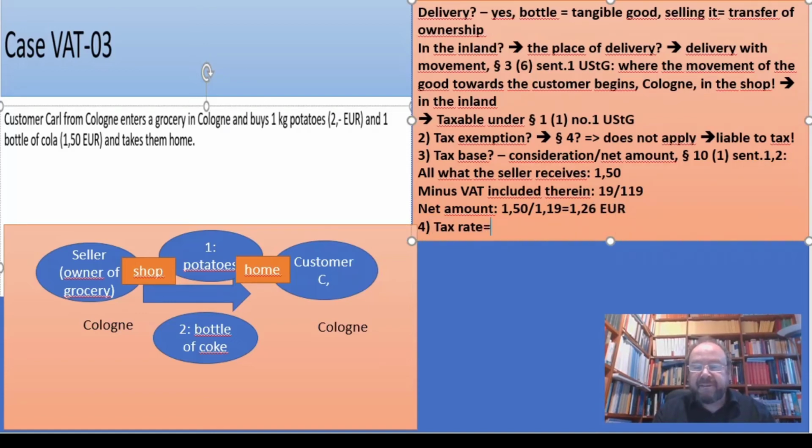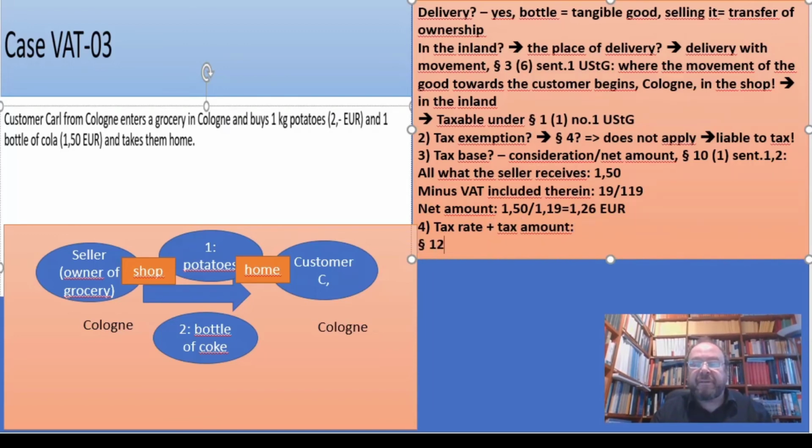The tax rate and tax amount, well, paragraph 12.1, it's 19% because paragraph 12.2 does not apply. Paragraph 12.2 very often applies to food, but very rarely to drinks.